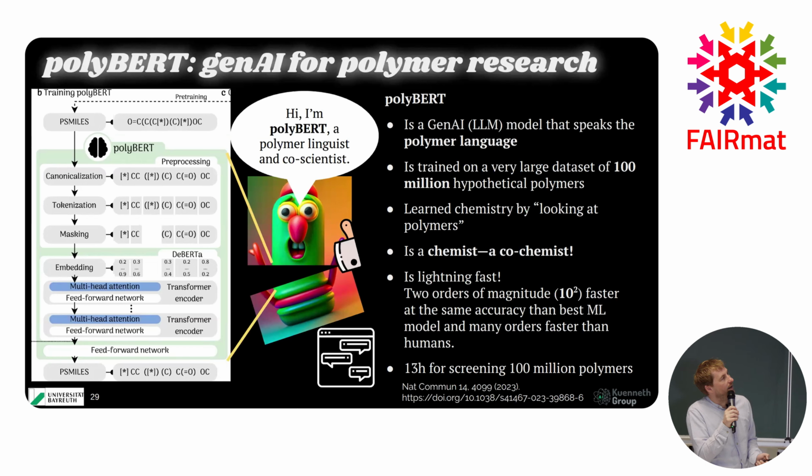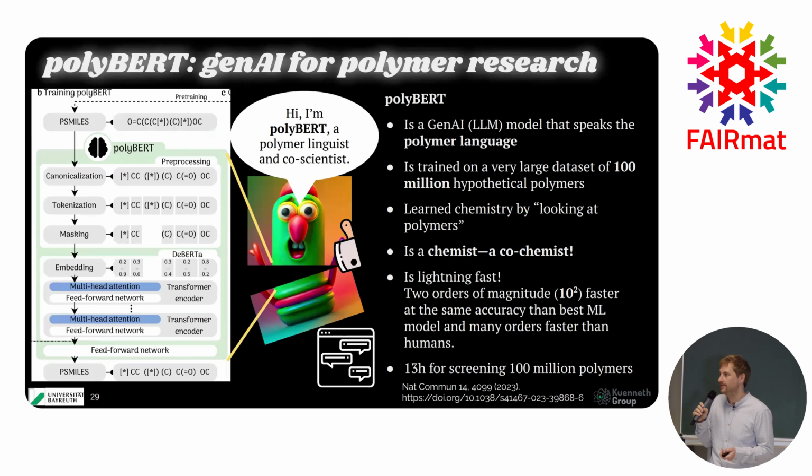So as said, it speaks polymer language. It was trained on lots of data and has learned chemistry by looking at chemistry. And it's very, very fast. That's one of the key things. We have done such things in the past in a traditional handcrafted way, and this one is 2 orders of magnitude faster.